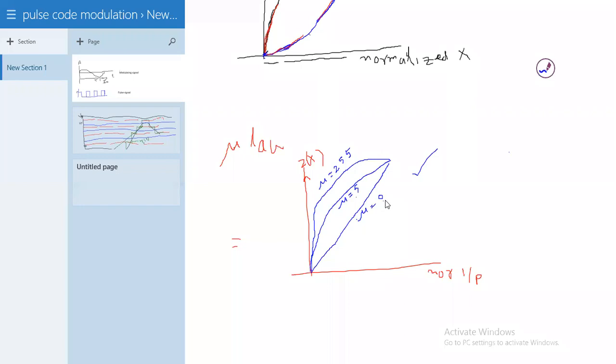That is not stressed. So the weak signal is amplified. If a strong signal is there, it is compressed a little bit. The effect is a little bit. But here the value of mu increases.